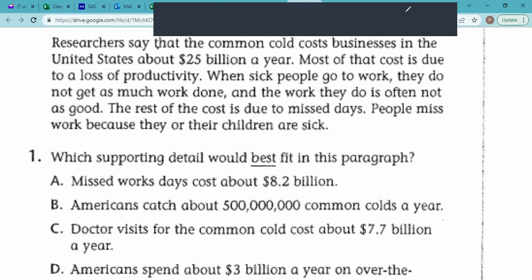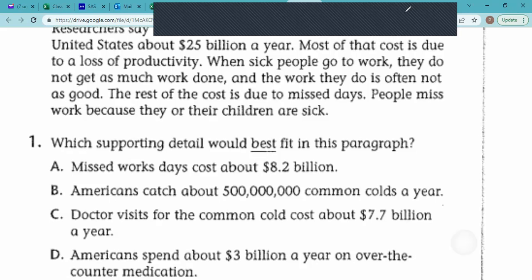C, doctor's visits for the common cold cost about $7.7 billion a year? Or would it be D, Americans spend about $3 billion a year on over-the-counter medication?